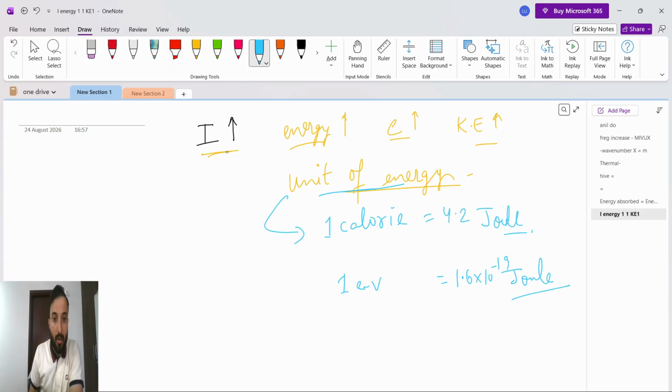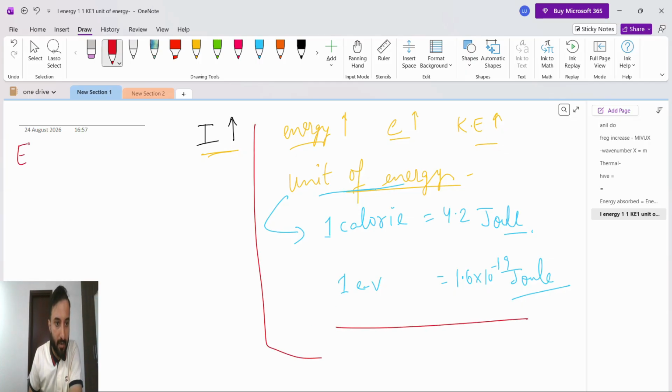Now many times in your competitive exam, not in your board exam, they will ask you to find the energy in electron volt. This is used for competitive examinations, not for board, for NEET and CET.